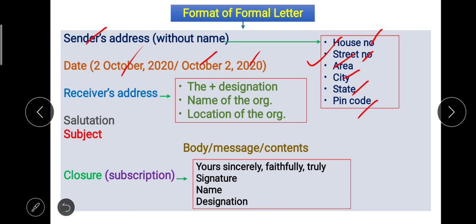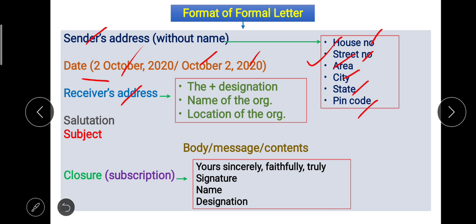After the date line, we need to leave a single line gap and then we write the receiver's address, also known as the to address, the person to whom we are writing. So the receiver's address must have three things. There plus designation. If I am writing to some manager of a company, it must be the manager, not only manager, the manager.